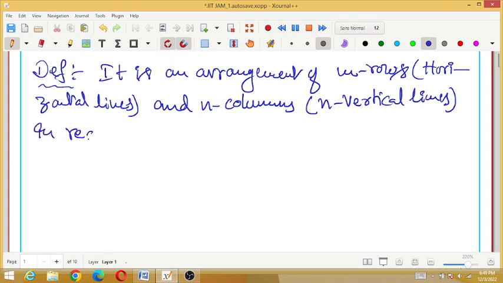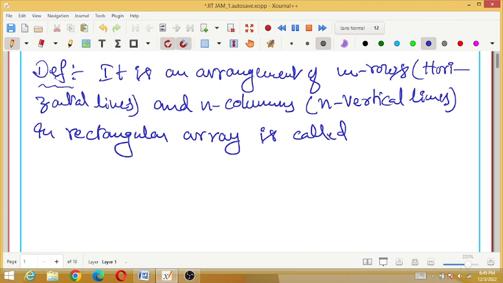In a rectangular array, it is called an m by n matrix. So this is the brief definition: an arrangement of m rows and n columns, in a rectangular array, is called an m by n matrix.